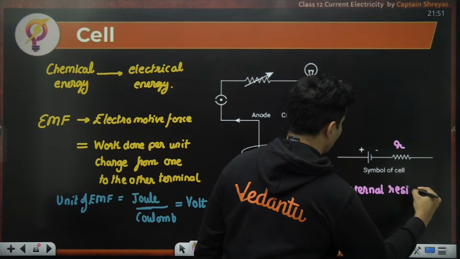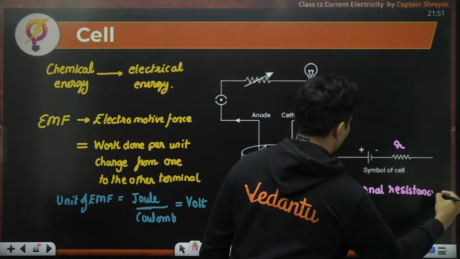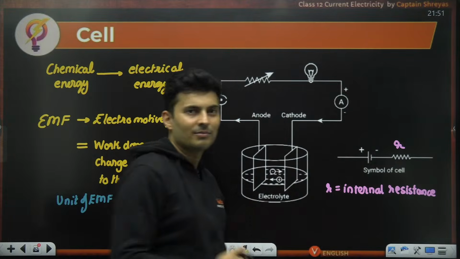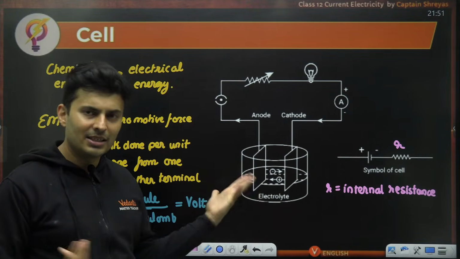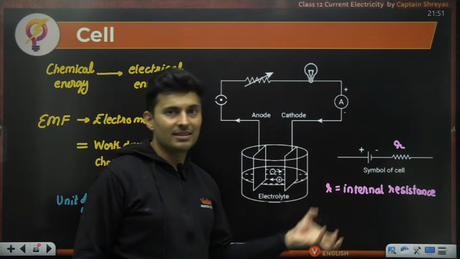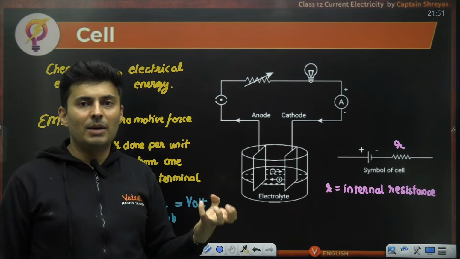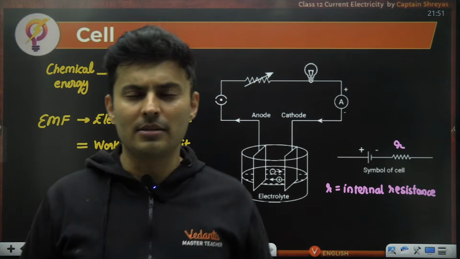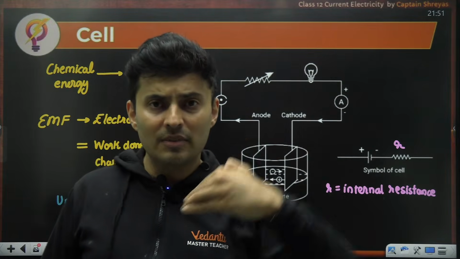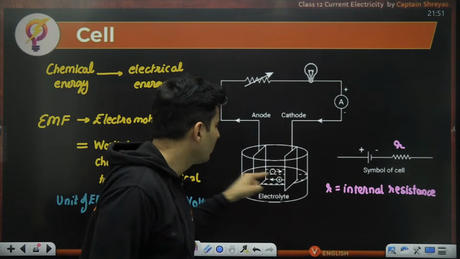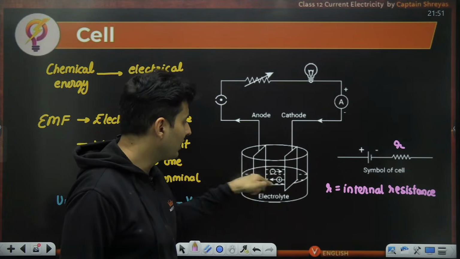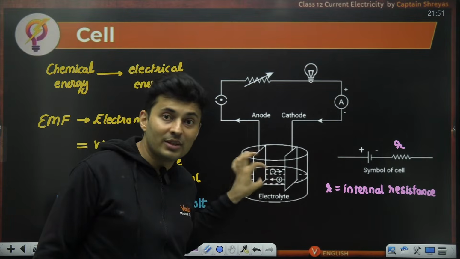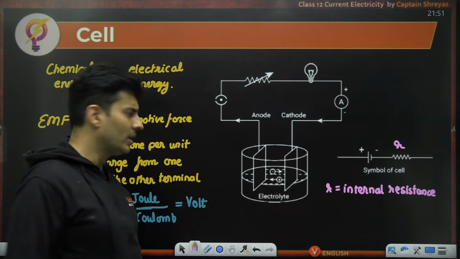It doesn't matter whether you show it to the left or right. You can treat it like a resistor placed outside the cell. That's perfectly fine. So it's the resistor which is there inside the battery, which is not an actual resistor, but which behaves like a resistor. Because when the charges move from the negative to the positive terminal within the electrolyte, they encounter some resistance within that liquid, fluid, solid, whatever is there.